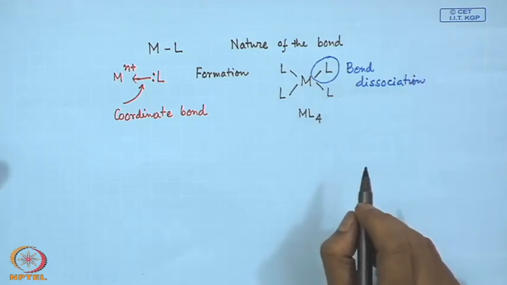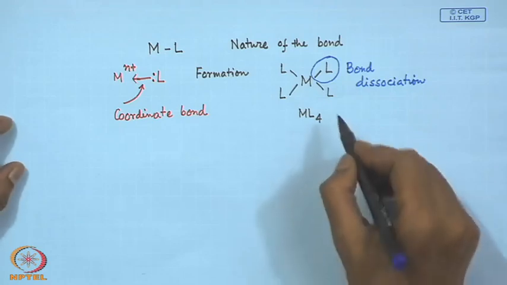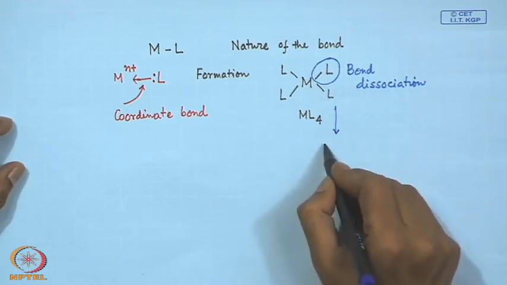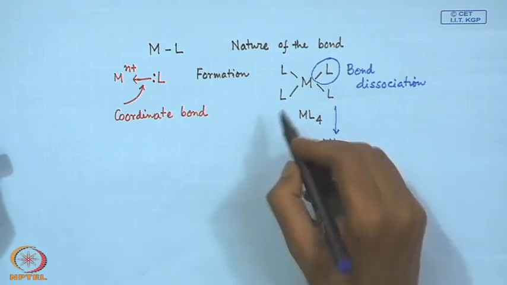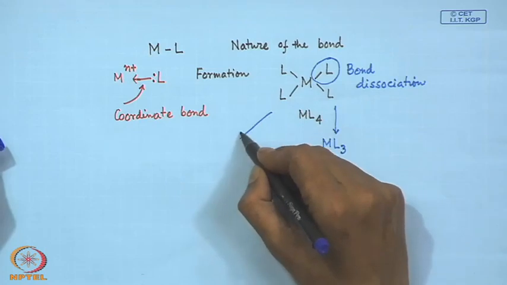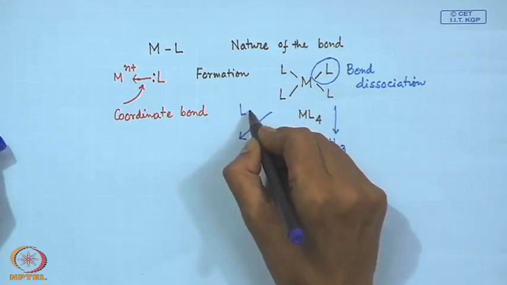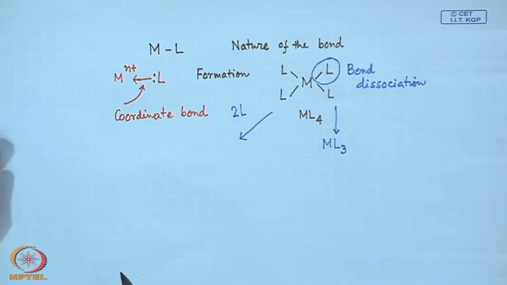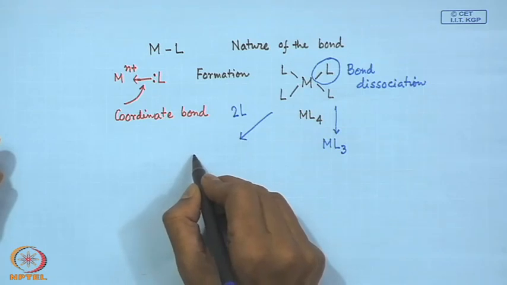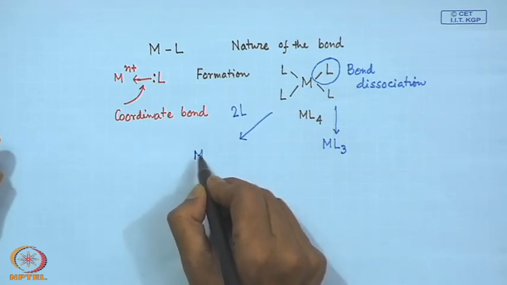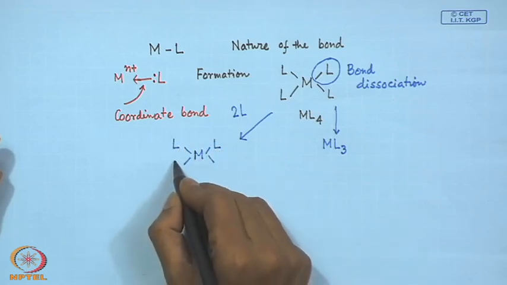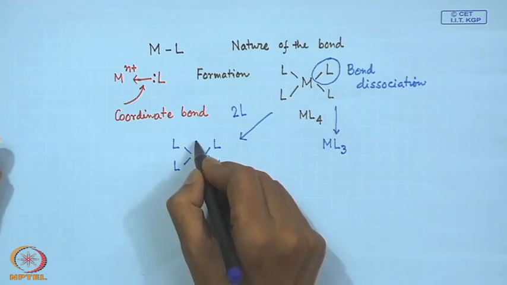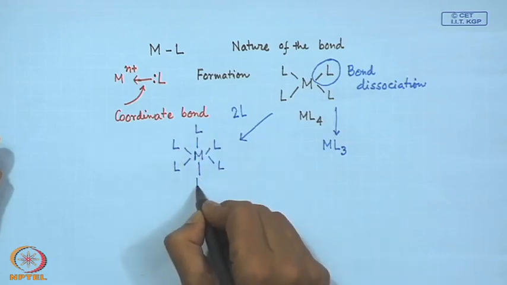This bond dissociation is also very important, because in that case, if one L dissociates, we will end up with a species like ML3, or sometimes we get the formation of a new compound by the addition of 2 more ligands, such that this M can immediately be converted from a square planar geometry to an octahedral geometry.